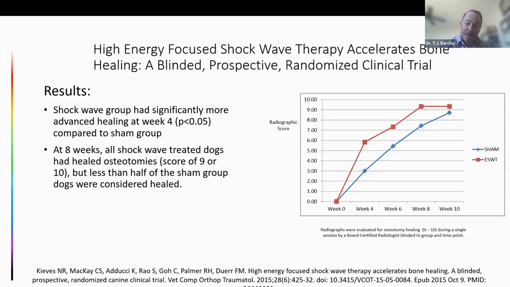And notably at 8 weeks, all of the shockwave treated group was considered healed, whereas less than half of the sham group was at that point.